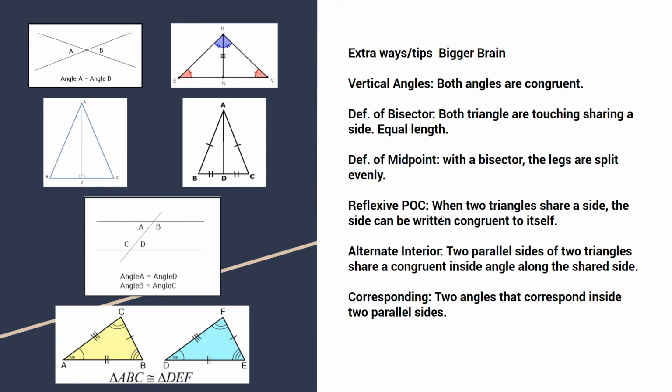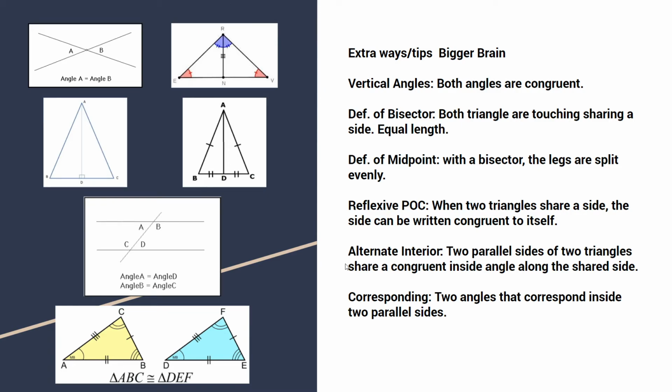Reflexive property of congruence: when two triangles share the same side, the side can be written as congruent to itself. Up here, RN is congruent to RN. It's that simple because it's the same line. They both share the same line, there's no other line. So RN is congruent to NR.